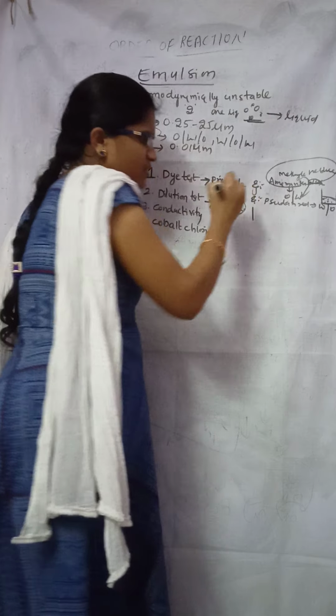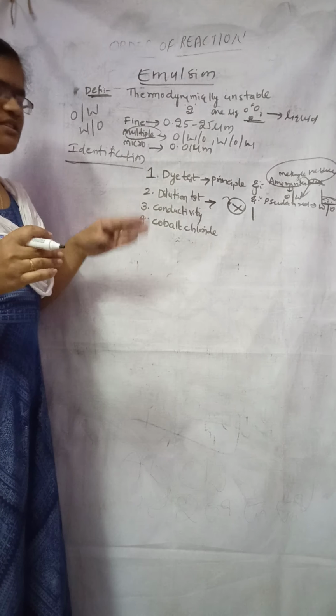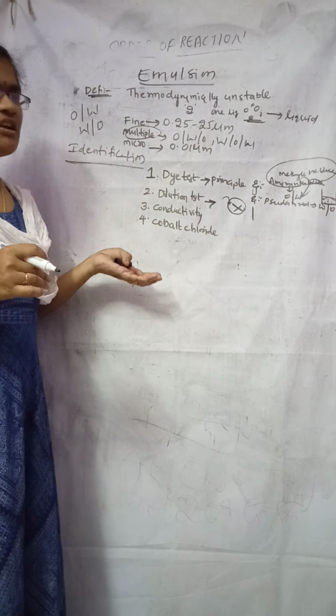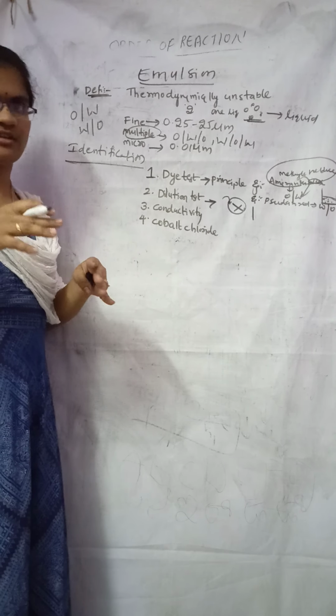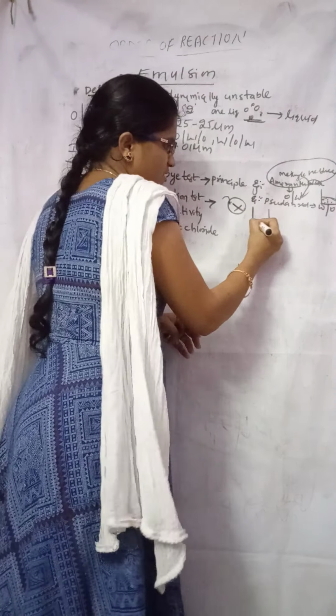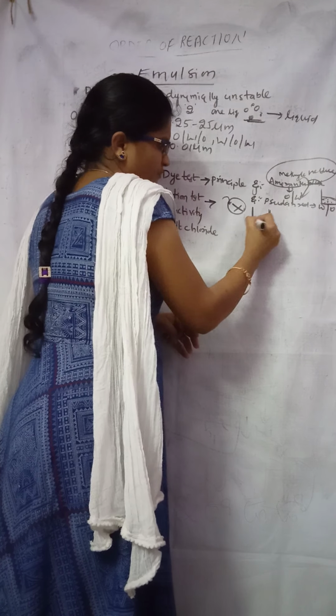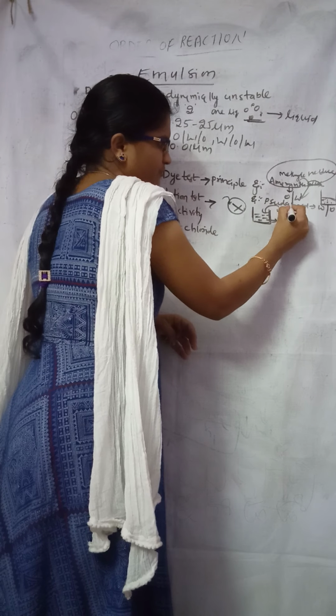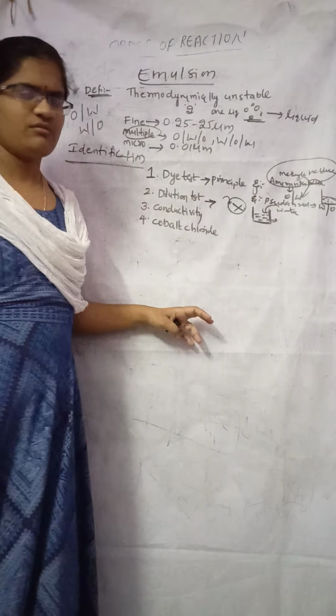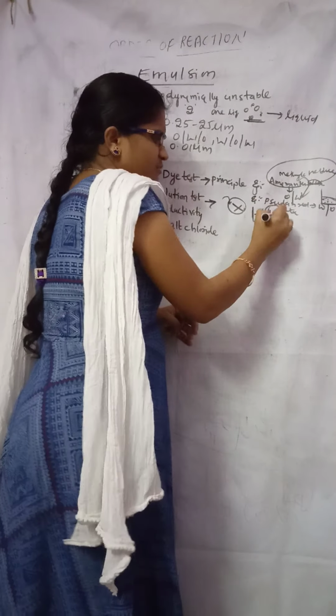Why there is no separation means the liquid you have added and the original dispersion medium in your preparation will mix with each other. For example, imagine you have an emulsion in this beaker and you are adding water here. There is no separation. Whatever water you are adding, it is mixing.